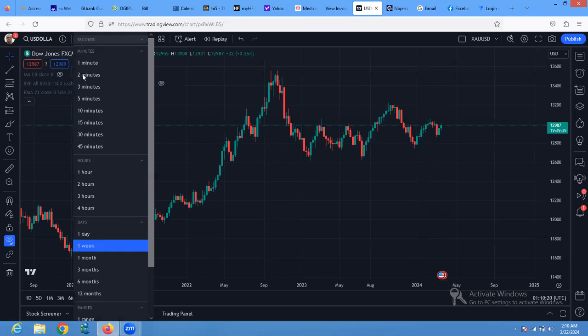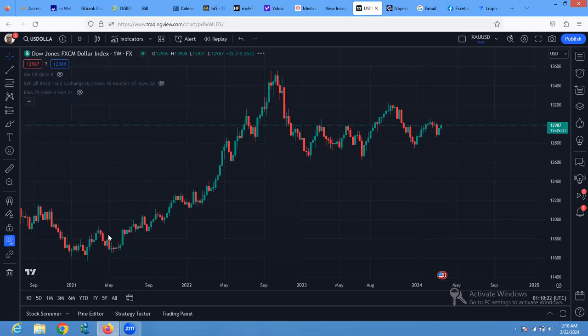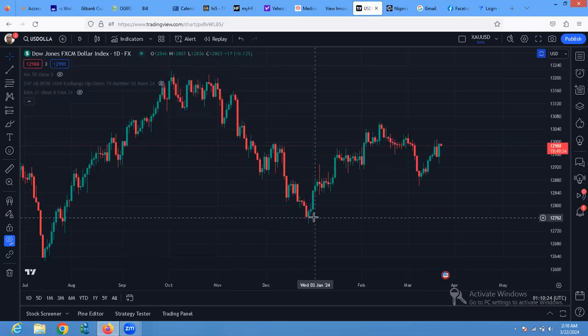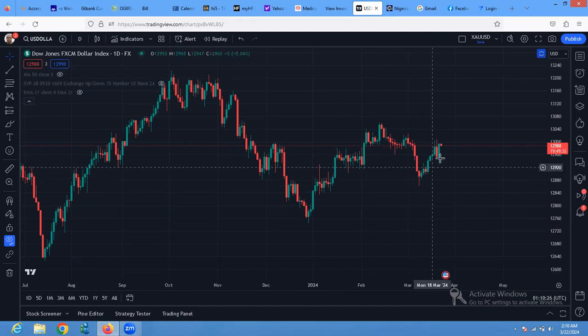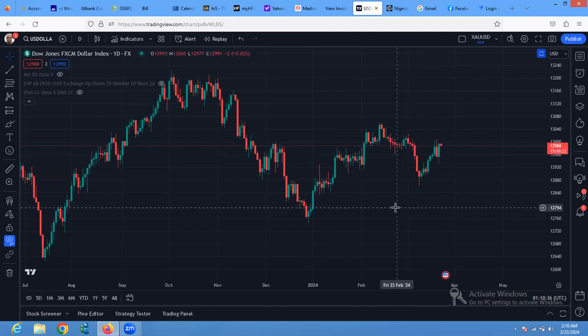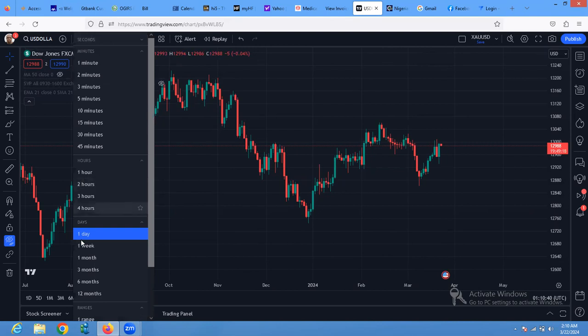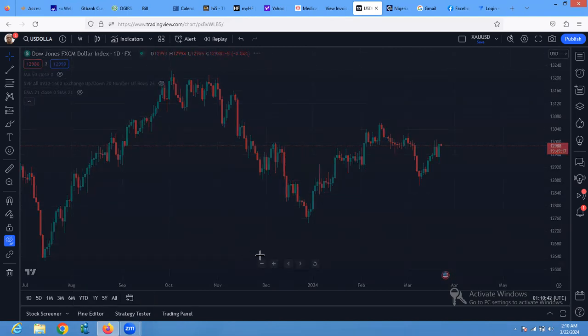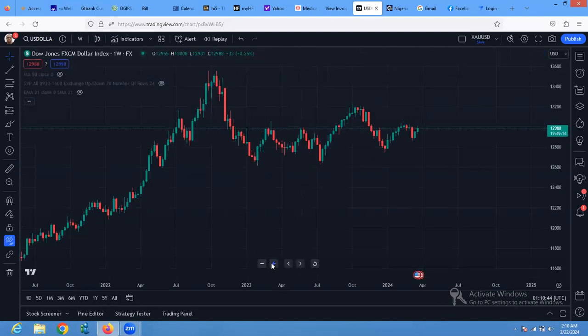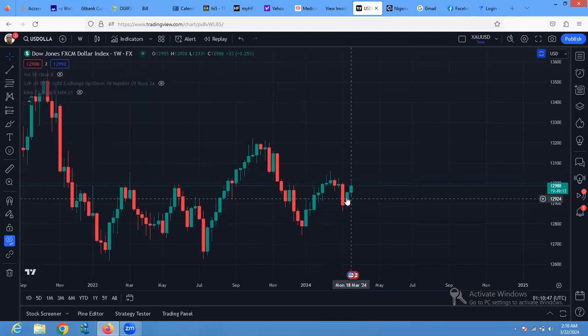So let's look at the daily time frame. Now, this is where it became conflicting, and price is giving us a 50-50 situation. If I go to the weekly, last week an inside bar formed, this was an inside bar.